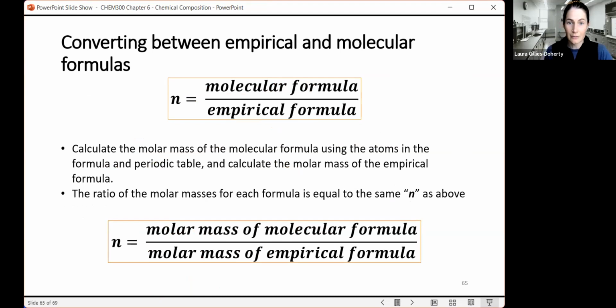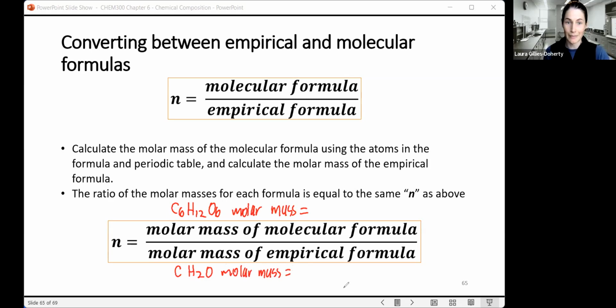So if we find the molar mass of the molecular formula, say C6H12O6, and we calculate the molar mass of the empirical formula, CH2O, and we divide those two molar masses, the molar mass of the molecular formula divided by the molar mass of the empirical formula, we're going to end up with the same N.